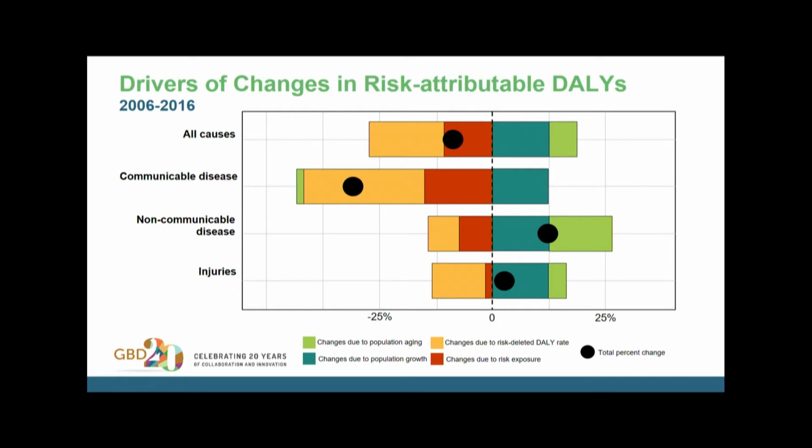As you can see in this figure, population growth has resulted in higher DALYs in 2016 compared to 2006 for all causes, and population aging has resulted in higher DALYs due to basically all causes, non-communicable diseases and injuries, and lower DALYs due to communicable diseases. On the other hand, risk exposure and risk-related DALYs have resulted in a lower DALY rate in 2016 compared to 2006.